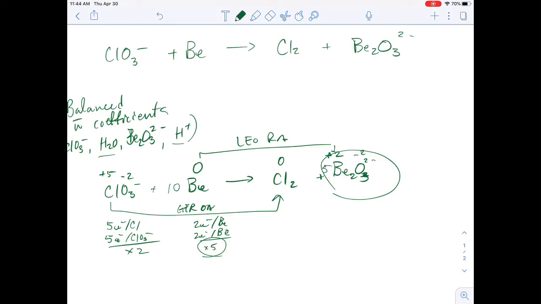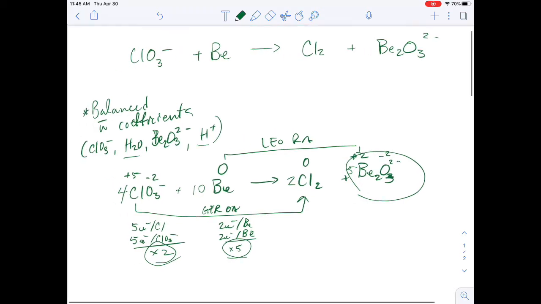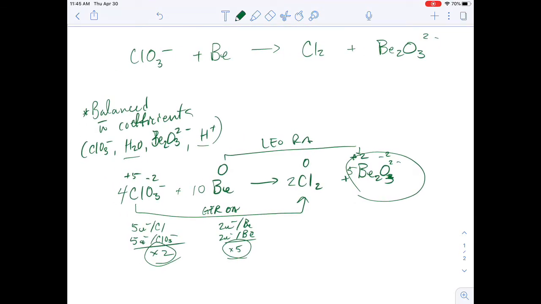Over here, I was going to make this 2, but I'm going to instead double it to make it 4, and I'll get 2 of these. I had to do that because the berylliums here were going to be bad numbers. If I'm multiplying this by 5 and this is an even number, I can't make those equal otherwise. So by doing this, I take care of my electrons.